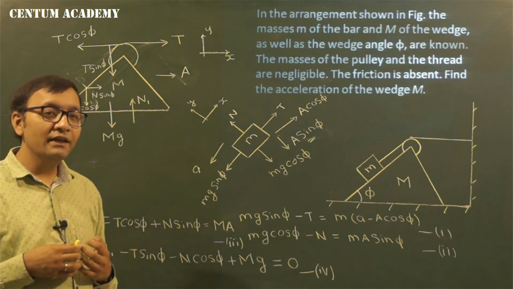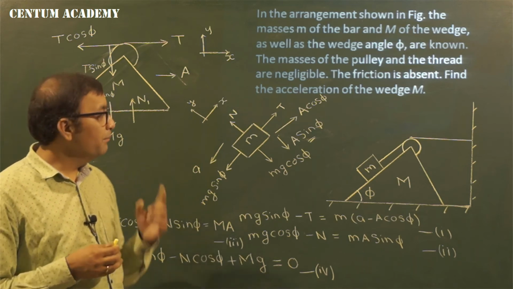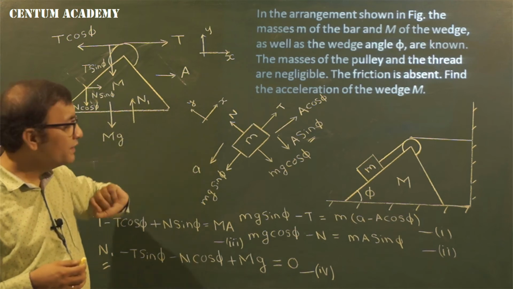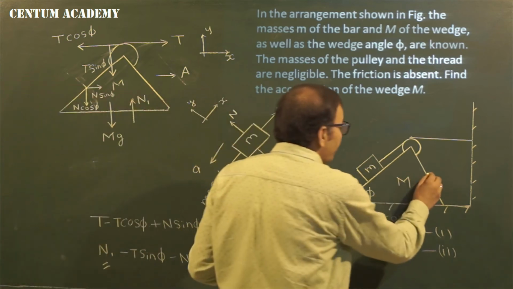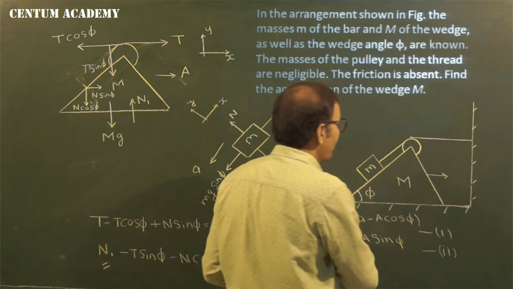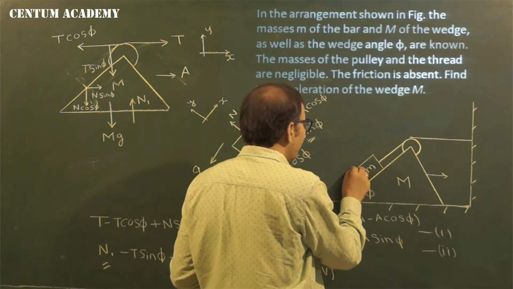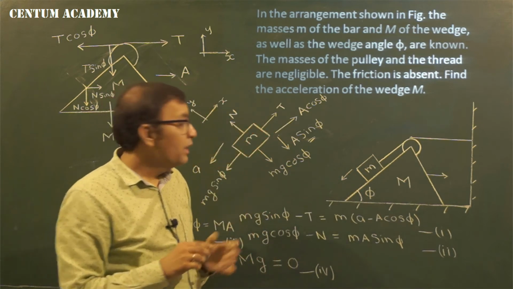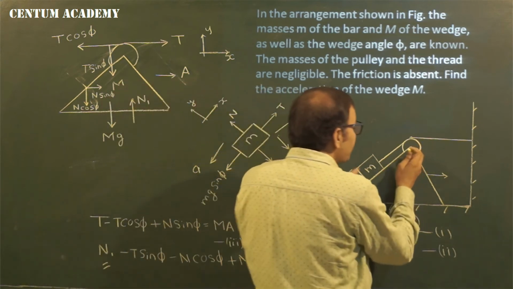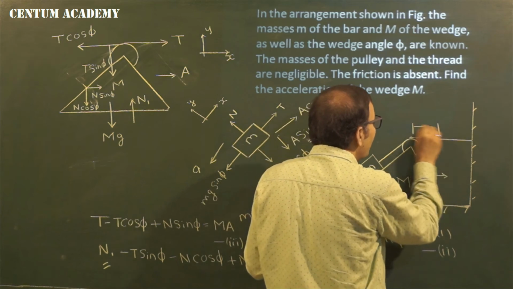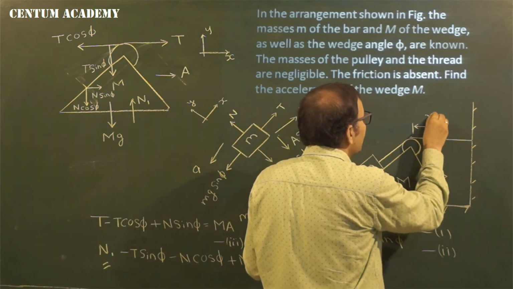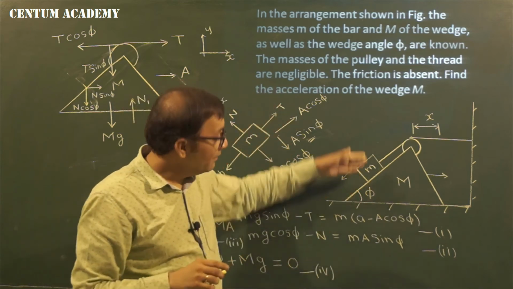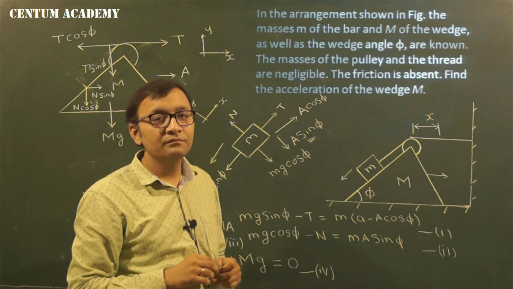That other equation is a constraint equation. There must be some relation between capital A and small a. What is capital A? It is the motion of capital M this way, and small a is the motion of small m in that direction. Okay. So assume that this wedge moves by a distance of x in this direction. So how much will this small m move down the incline?